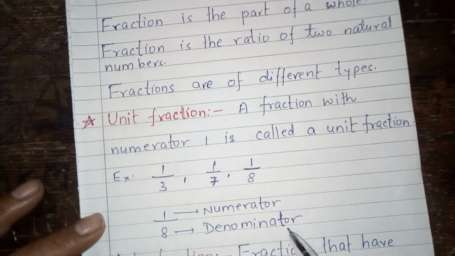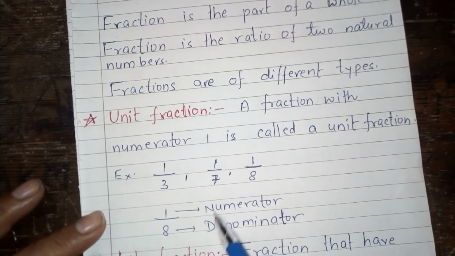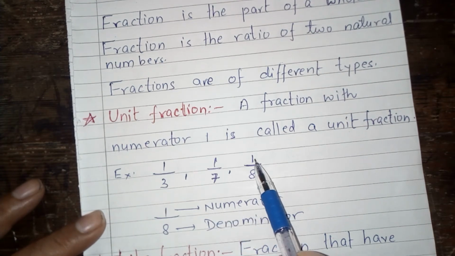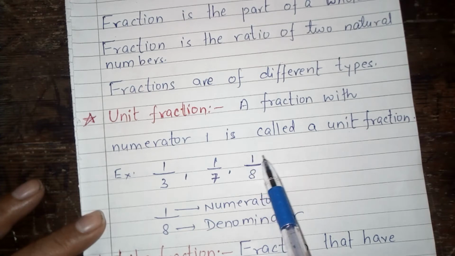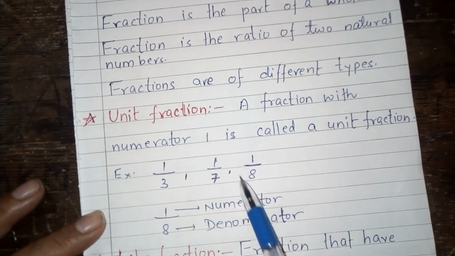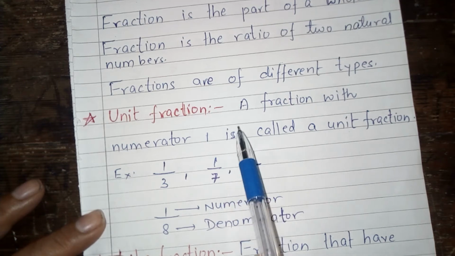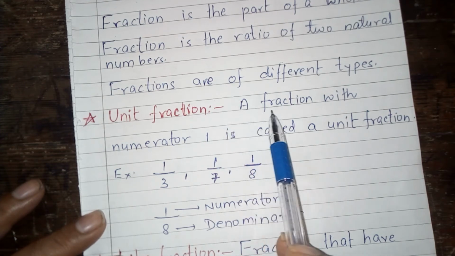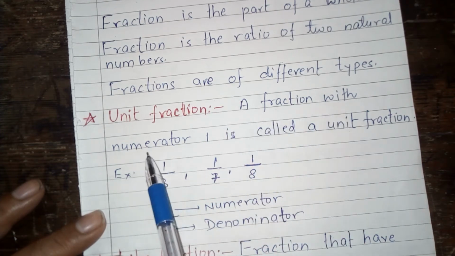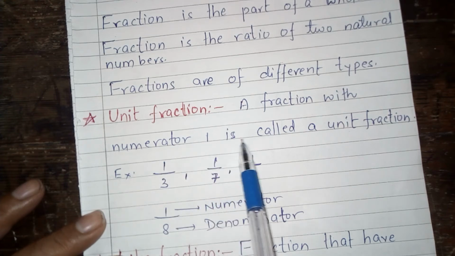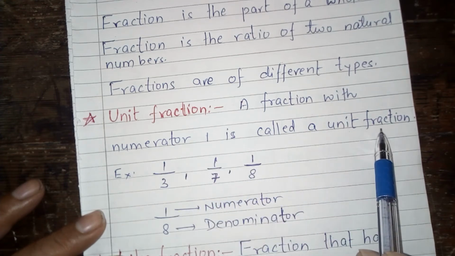So 8 is the denominator. The meaning is the upper number is the numerator and the lower number is the denominator, in any fraction. So a unit fraction is a fraction with numerator 1.